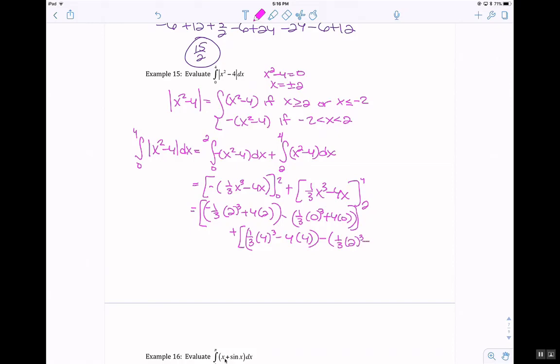So then I get negative 8/3 plus 8 plus 64 over 3 minus 16 minus 8/3 plus 8. So after I simplify, I get 16.